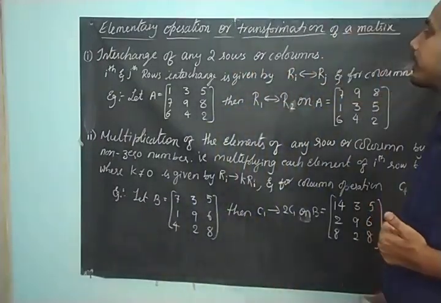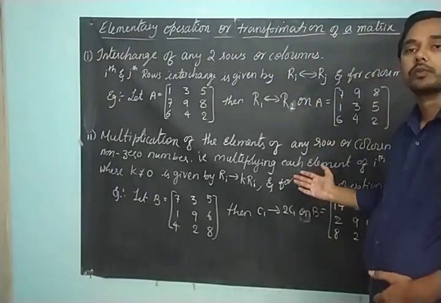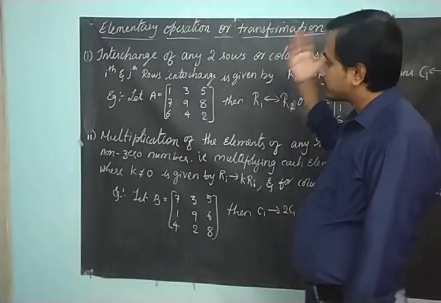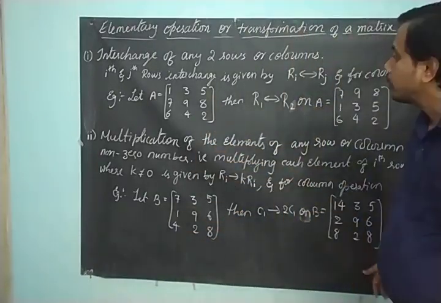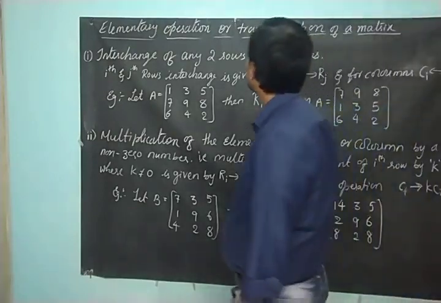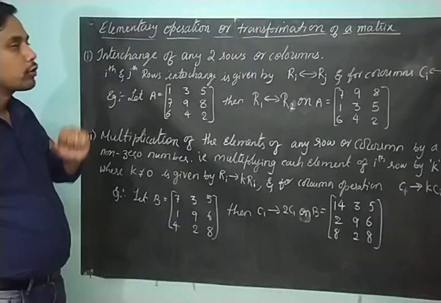One by one we will see. First 2 transformations are here. Once we are aware of these 2, we will proceed to the third one. The first one is interchange of any 2 rows or columns.